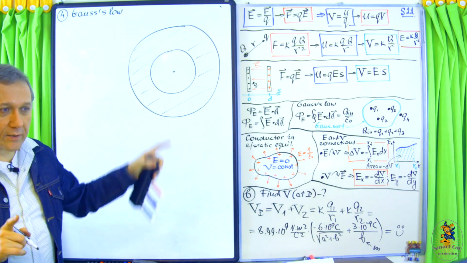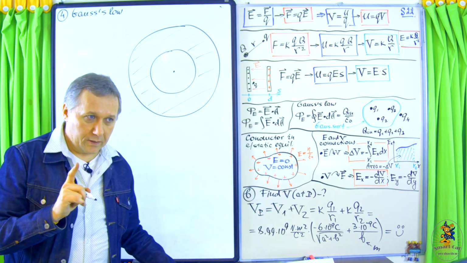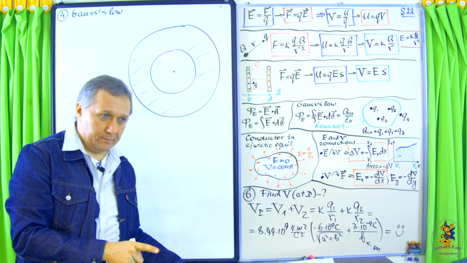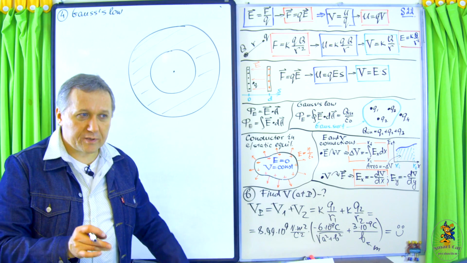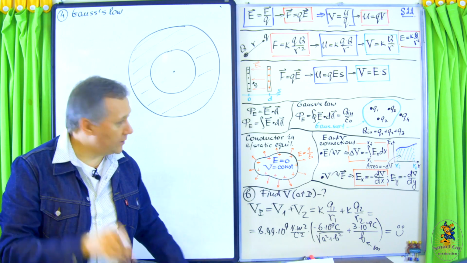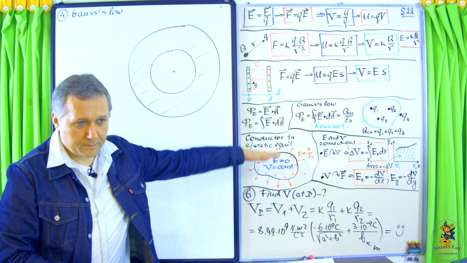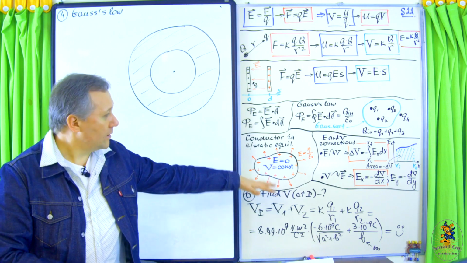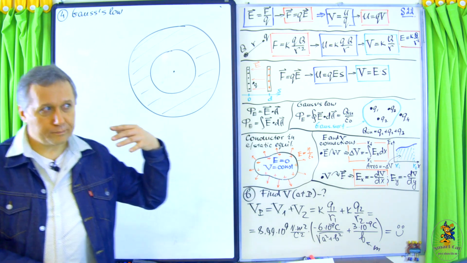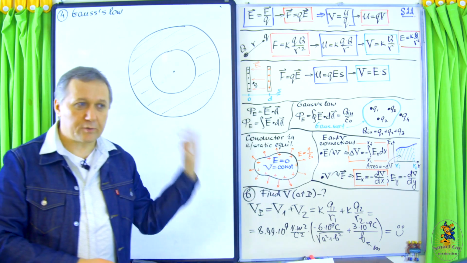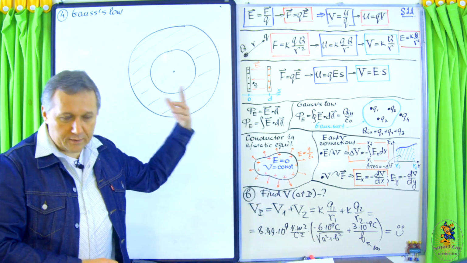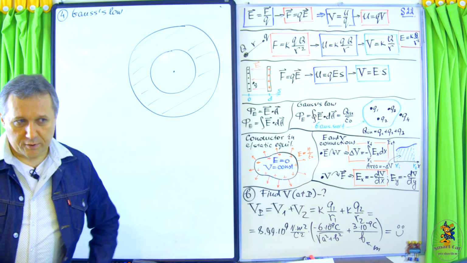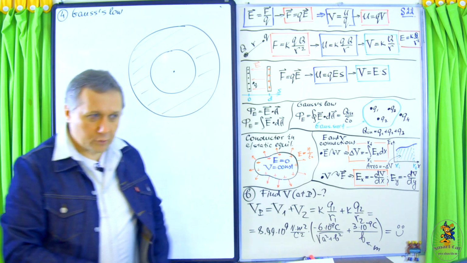And guys, when you see problems like this, read the problem carefully. If it says metal, then of course you can use properties of conductors. But if the problem says it's a non-conducting material, don't use this. Because I see quite often that some students confuse that, and they use properties of conductors describing a non-conducting material, which is not good.